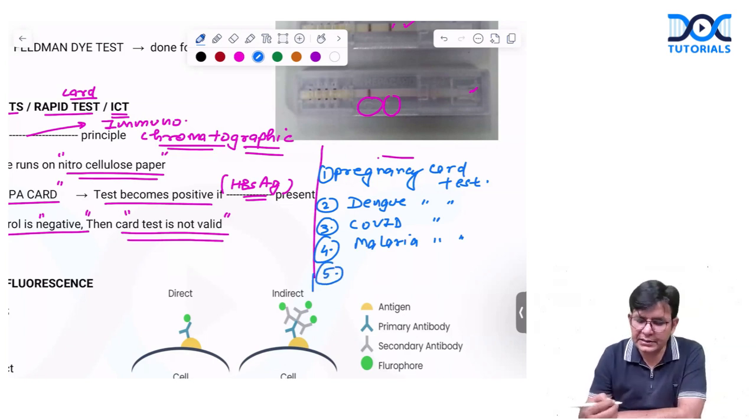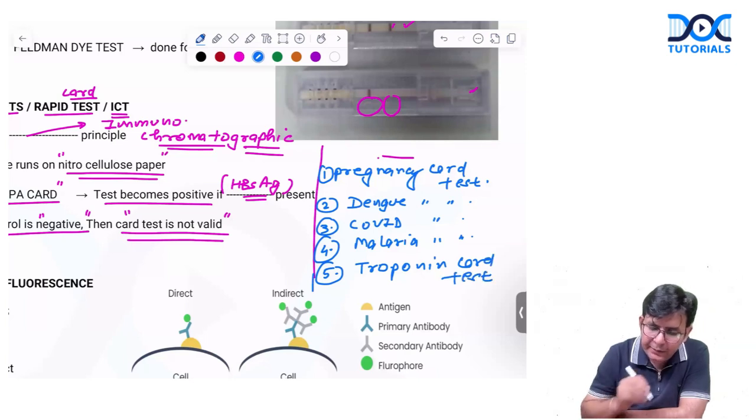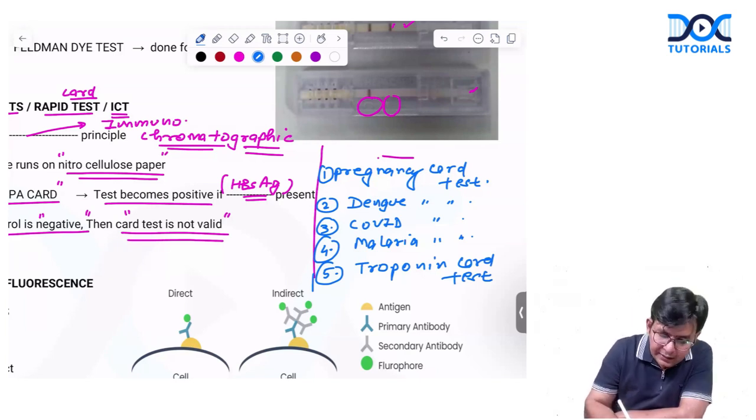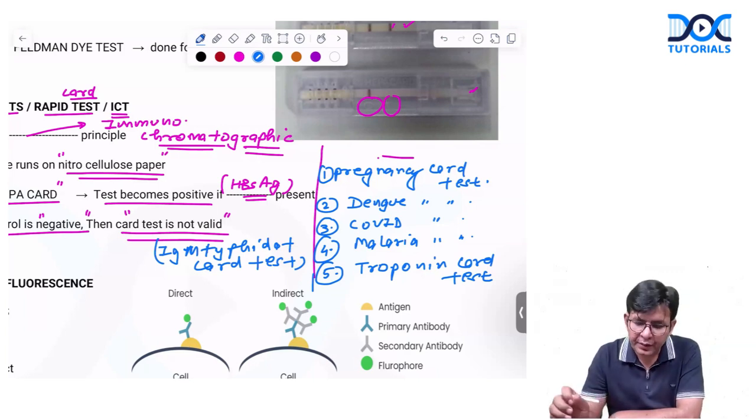Then other than this, what we have is the troponin card test, which has also come nowadays. As we just did the HEPA card, that is also one of the card tests. Then the IgM typhi dot card test. So these are the various tests which you need to remember regarding immunochromatography.